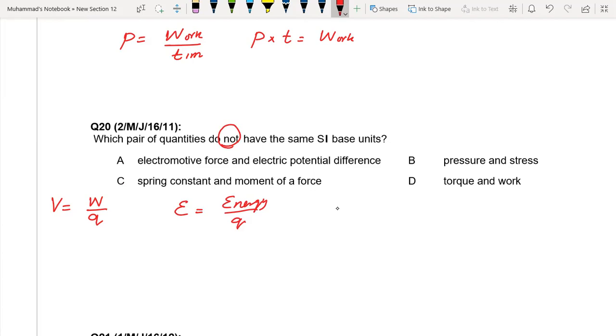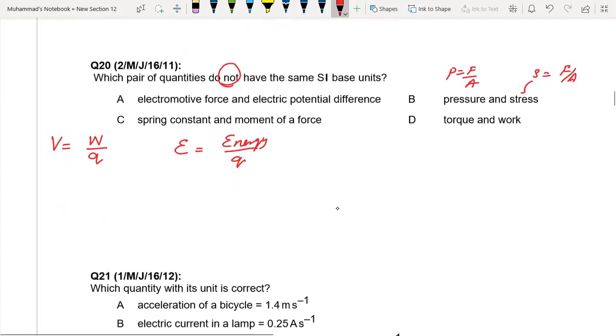Pressure and stress. Pressure is force over area, and stress is also defined as force over area. So they have the same SI base units. Spring constant and moment of force. You know that according to Hooke's law, F is equal to K times X. You have already done this in your O level: if you apply some force on the spring and X is the extension, the extension is directly proportional to this force, where K is the spring constant.